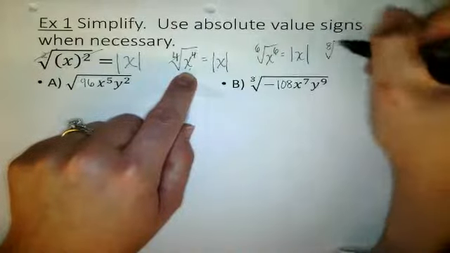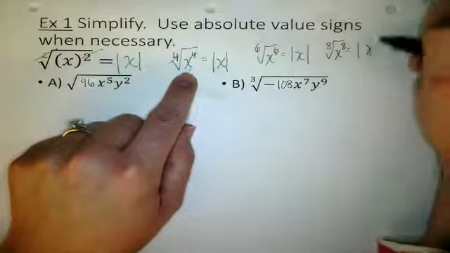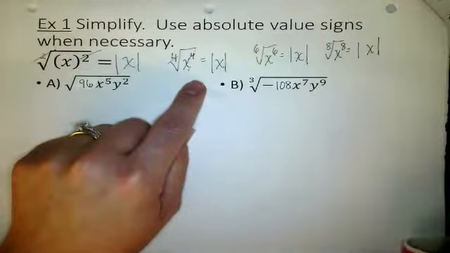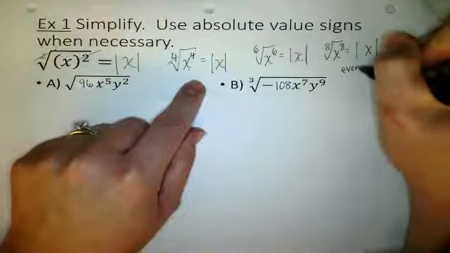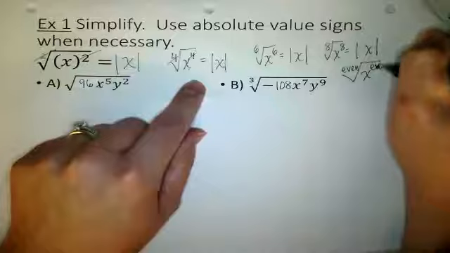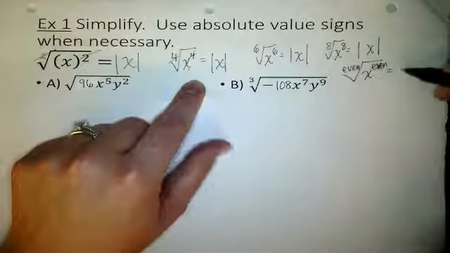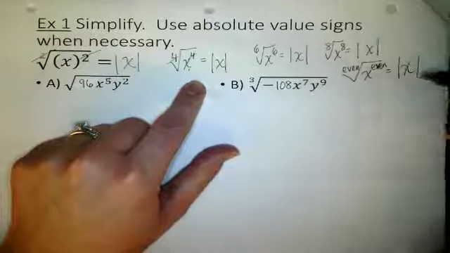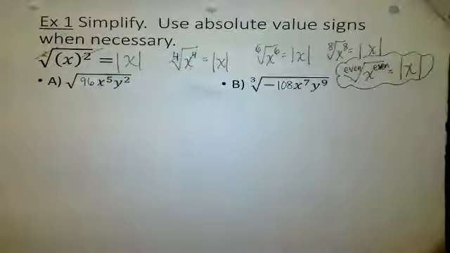What's the eighth root of x to the eighth? Absolute value of x. Yes, it is. It turns out I really only care about absolute value if we have an even index and x to that even power. So the even root of x to an even power is always going to be absolute value of x. Does it matter when it's odd?